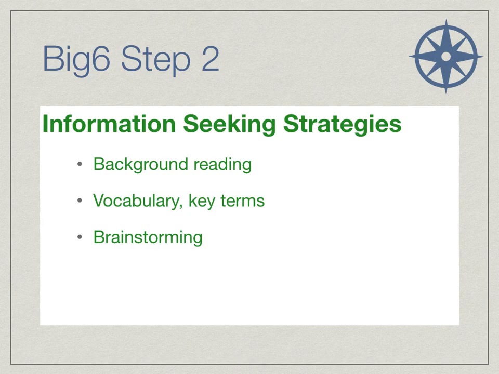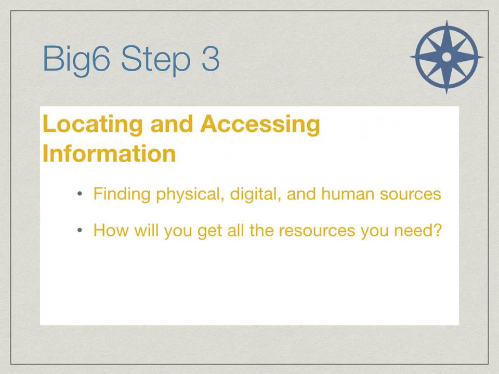What will be the best place to find that information? What kind of search strategies can you use? As you do your background reading, you should pick up key terms and think about synonyms for those terms and think about how you can put them together to do this part of your research. And you will add to that as you go along in your research process.